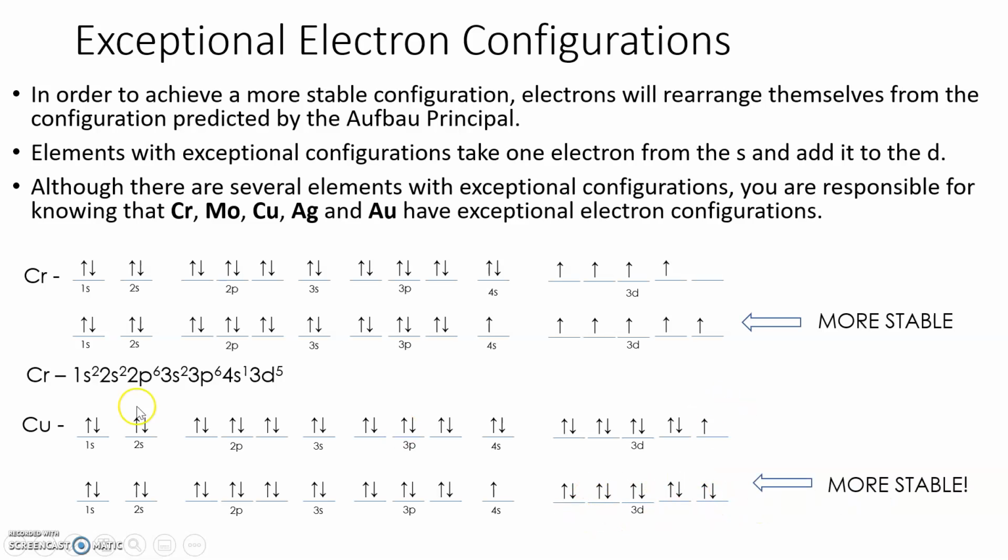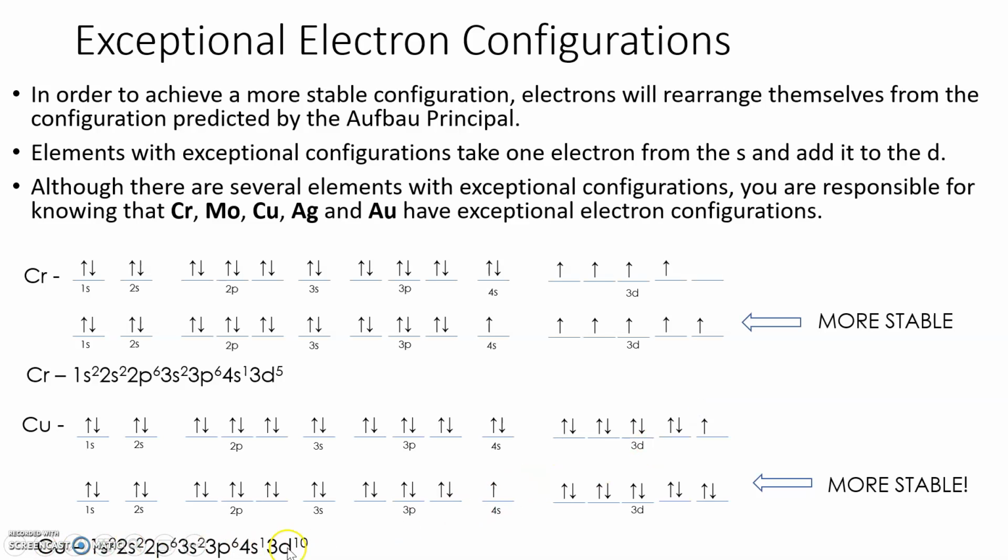Again, that's more stable. So for copper, which would have d9, and that goes along with silver and gold, Ag and Au, you should never end with d9. Just take 1 of those electrons from the 4s, bring it over, and make it d10. This is the proper orbital notation for copper.